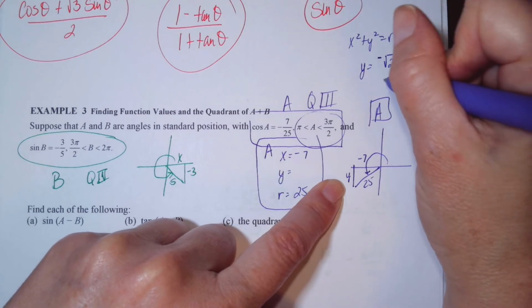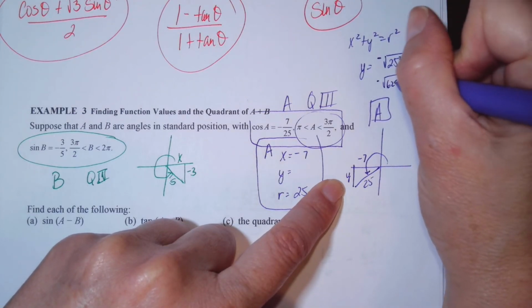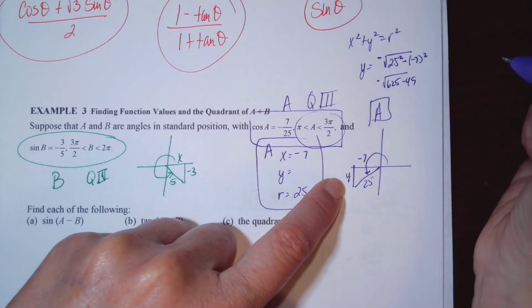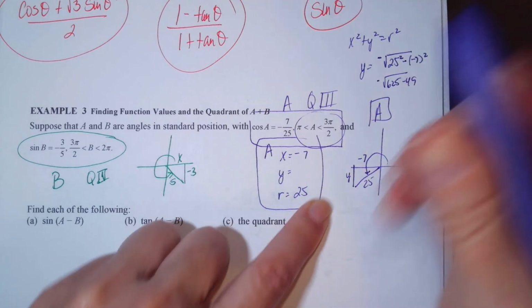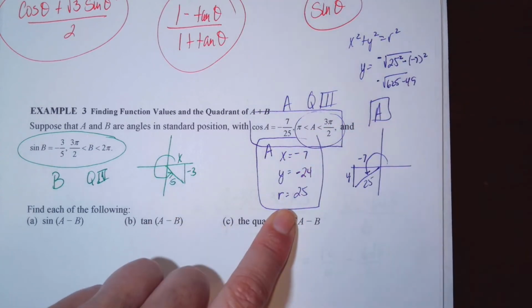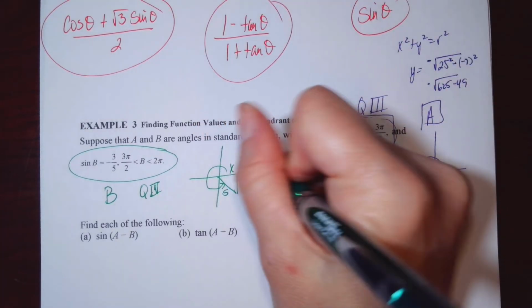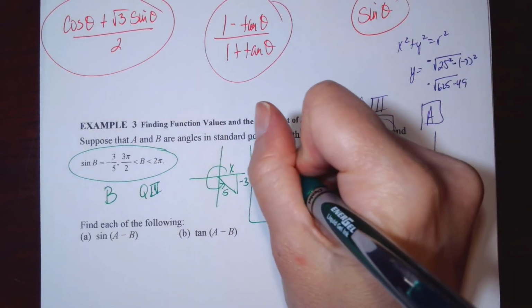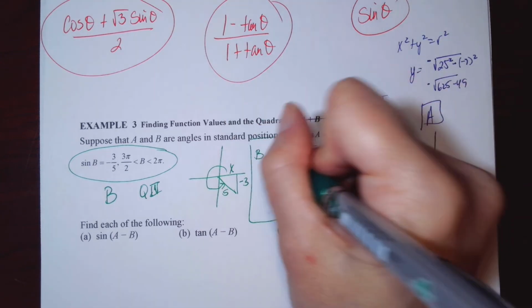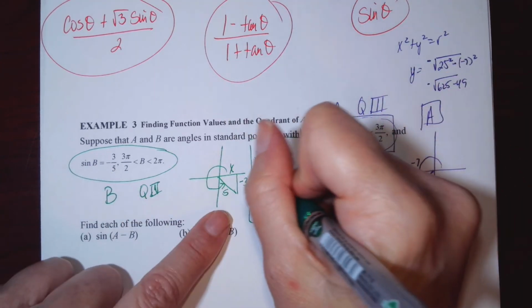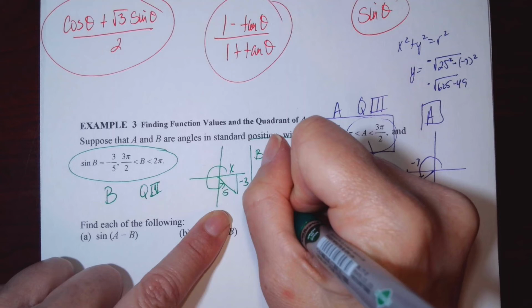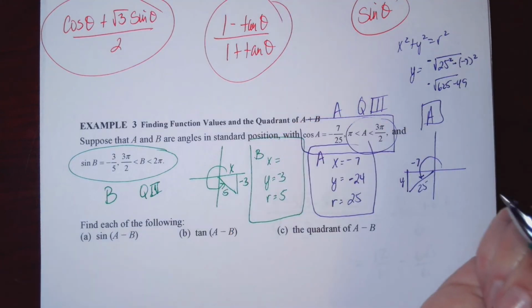So I get negative square root of 625 minus 49, which gives me a negative 24 for y. And then I've got B set up so that x is what we need to figure out, y is negative 3, and r is 5.